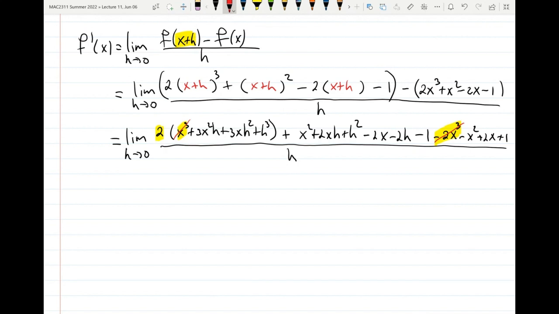What else is gone? I see a negative 1 over there, so this negative 1 goes with this positive 1. We can get rid of that. There is an x squared here and a negative x squared over there, so those go together. The 2x: there is a negative 2x over here, which goes with this positive 2x. All of that cancels.